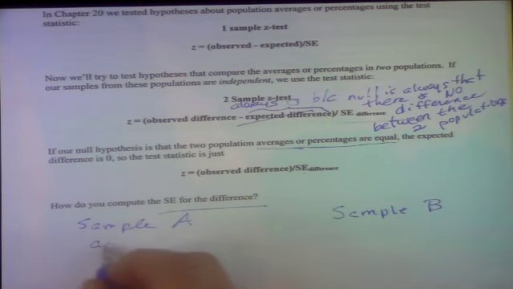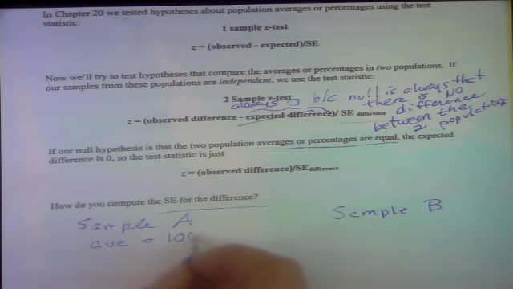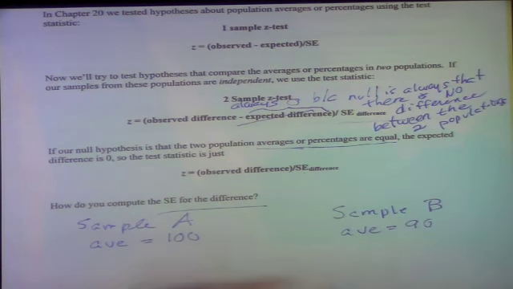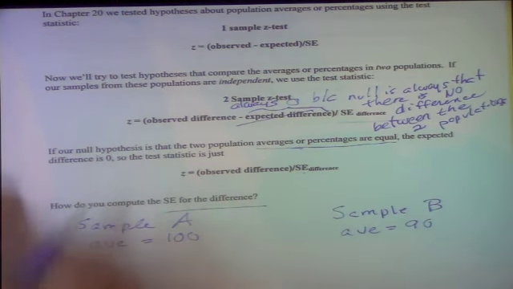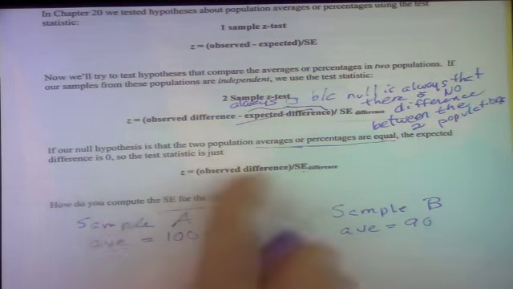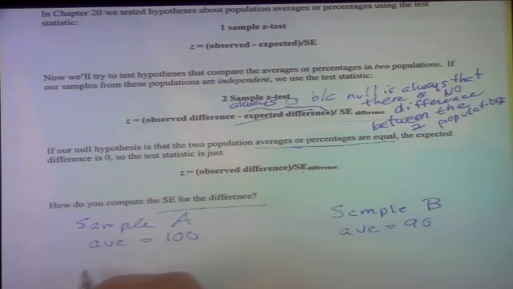Let's say the average of your sample A is 100, and the average of sample B is only 90. Then you're going to have to get a standard deviation. There are not only hundreds inside this A box, there are lots of different numbers, and let's say the standard error for the average, how much this bounced around, is 4.